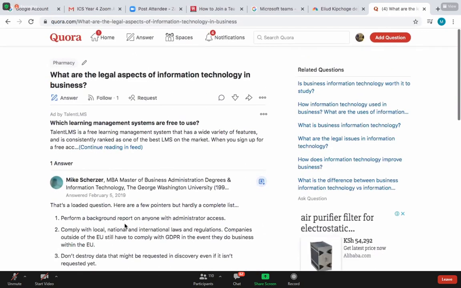So, information and technology law is a collection of different areas of law that are relevant. They regulate and touch on transmission of information through the internet, through mass media, through radio and broadcast.